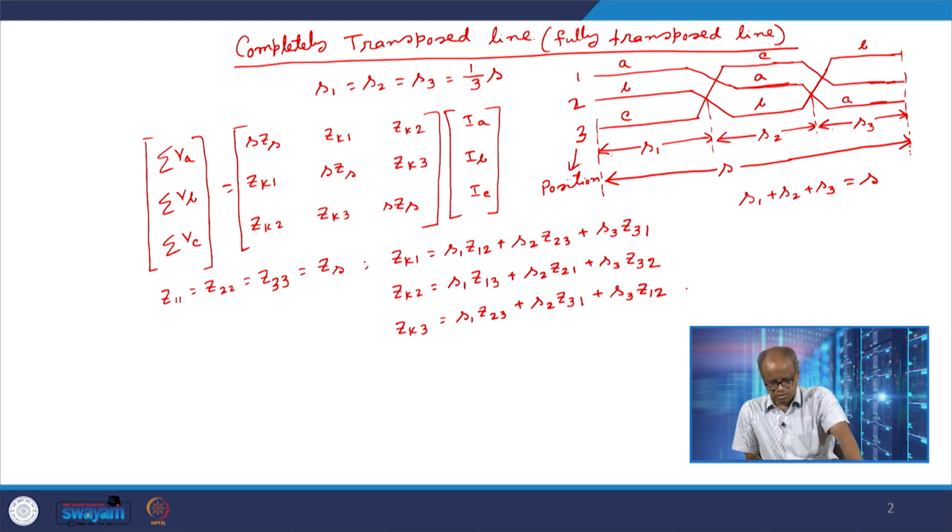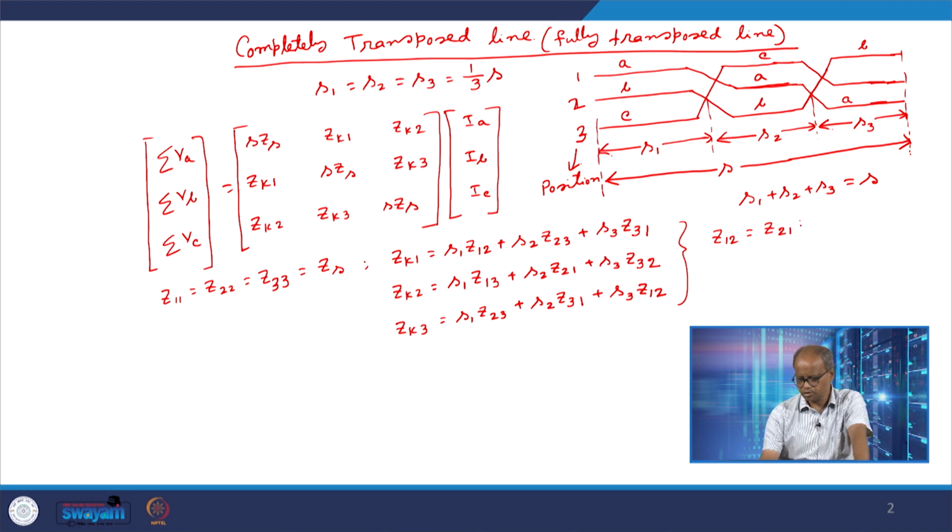So these definitions we have already defined. So we are just recollecting them, and of course here we also need to remind ourselves that Z12 is equal to Z21, because these impedances are symmetrical, and then Z23 is equal to Z32. These also we need to remind ourselves, and Z31 is equal to Z13.